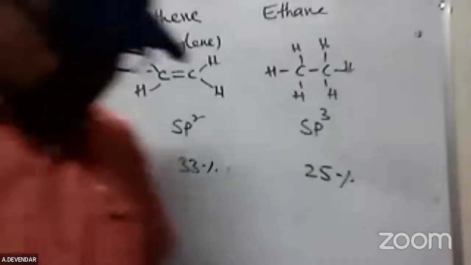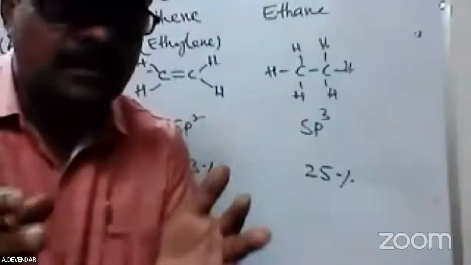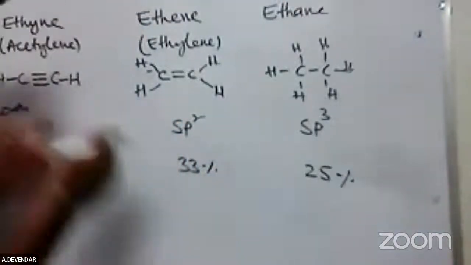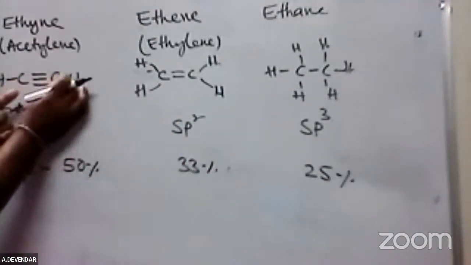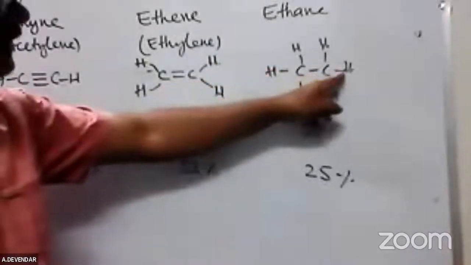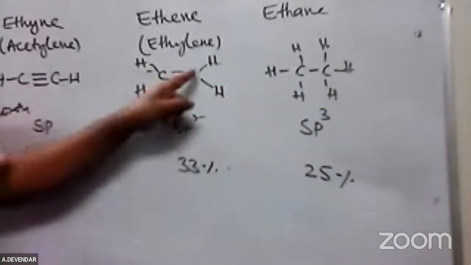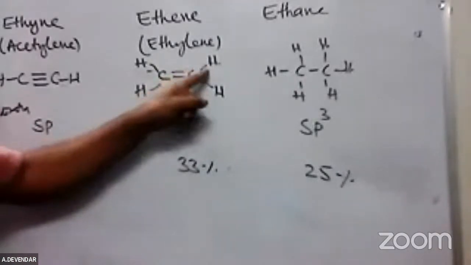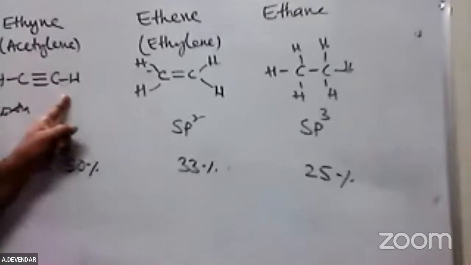So the s character gradually increases. Why? Because if the s character increases, what happens? The bond between carbon and hydrogen becomes very close. The carbon-hydrogen bond length here is 1.07 angstroms, here it is 1.04 angstroms, and here it is 0.9 angstroms.